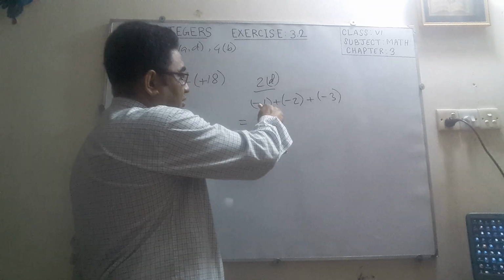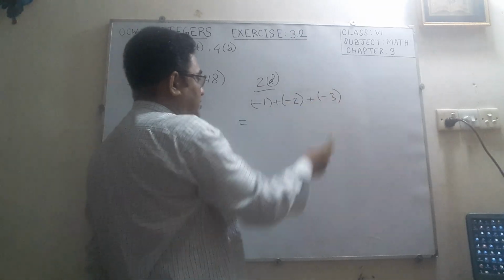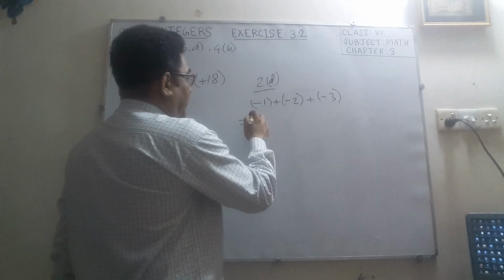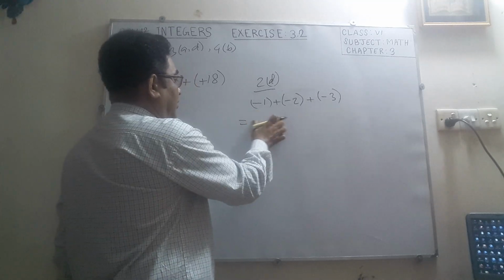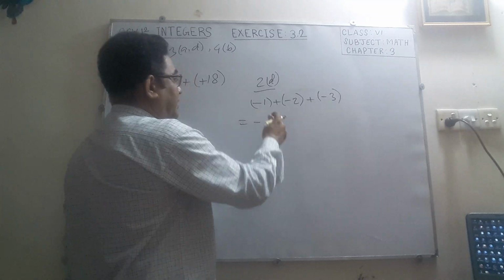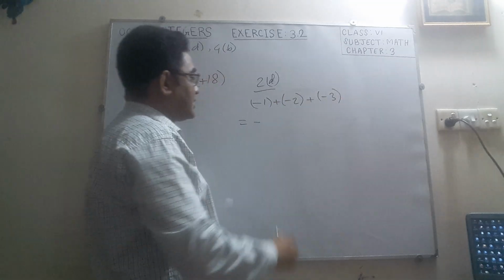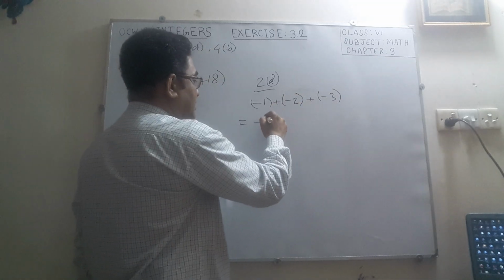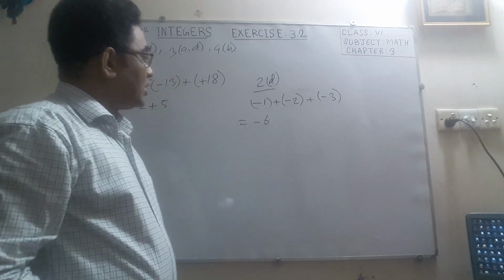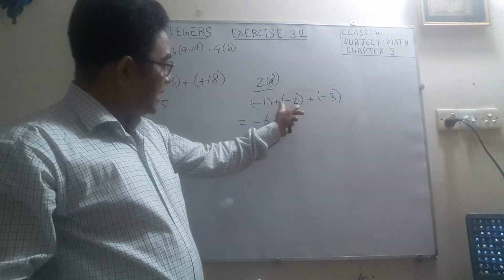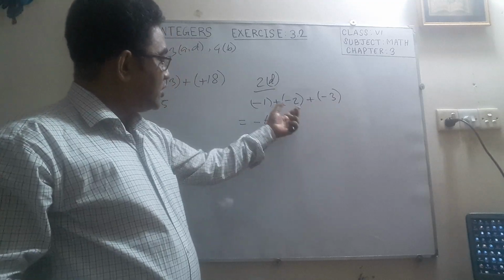Here all are minus. This is minus, this is minus, this is minus. So we have to add all the numbers on one side. That means 1 plus 2 is 3, 3 plus 3 is equal to 6. And what is the sign here? Minus. That means what would be the result? Minus 6.